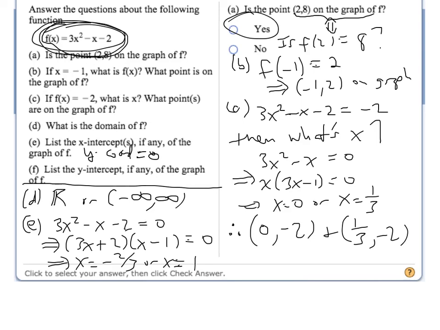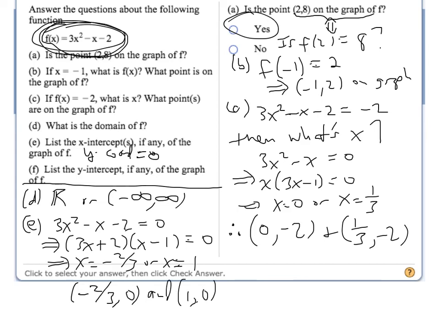In other words, to finish the problem, I'm seeing what x would make that 0 and what x would make that 0. Now in this problem, I can't really tell from this screen, but they probably want you to write these as points on the graph. So a point will have both coordinates, so these will be the two x-intercepts.